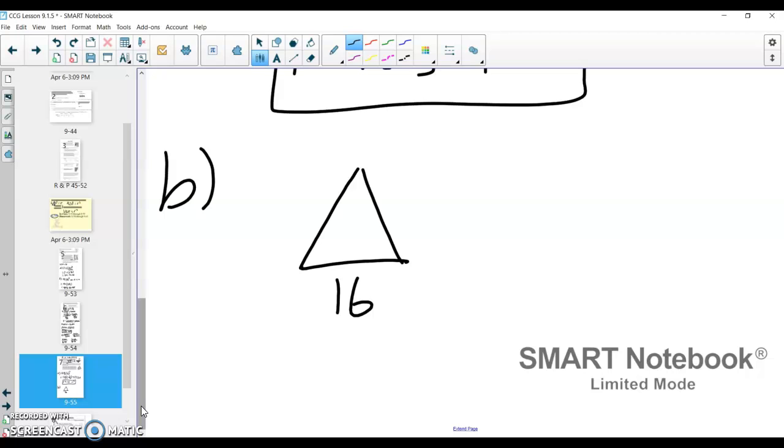All right, and so I have a base, and I need to find a height. I need to find that height there because 1/2 base times height is how I find the area of a triangle. All right, and so this is an equilateral triangle. And so I know that in equilateral triangles, all the angles are 60 degrees.